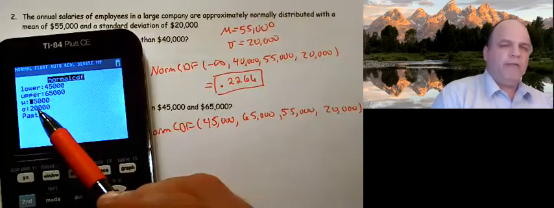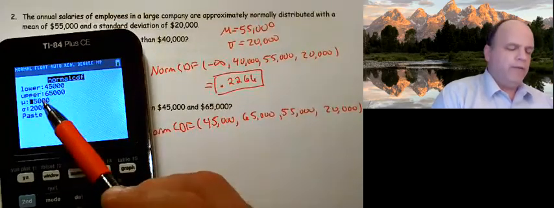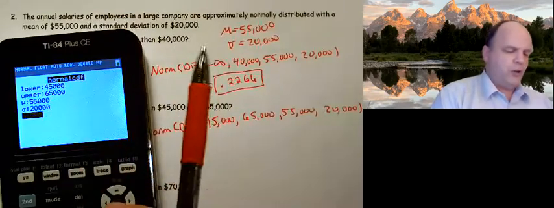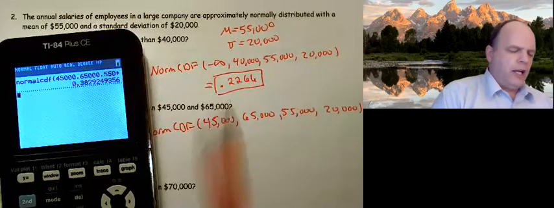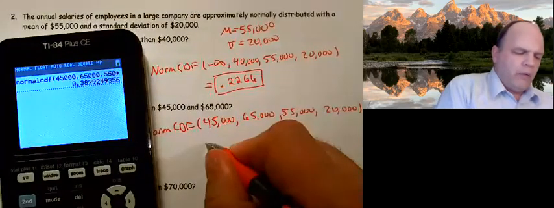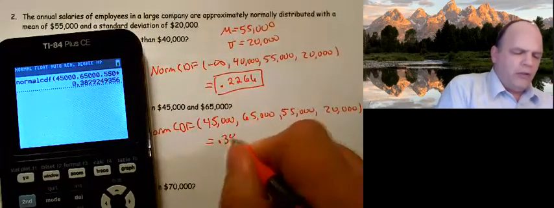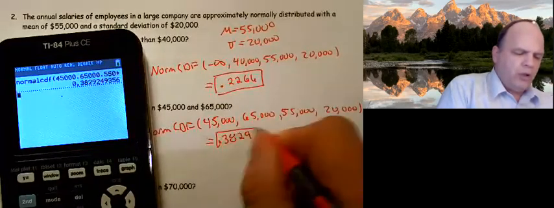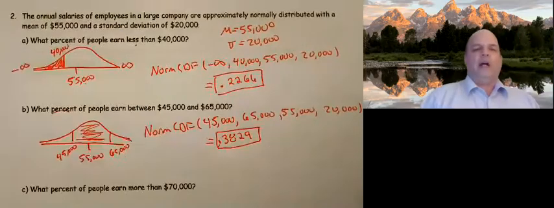And then I have my 55,000 for the mean, 20,000 for the standard deviation. That didn't change. And I end up having that 0.3829 of the population earns in that range.